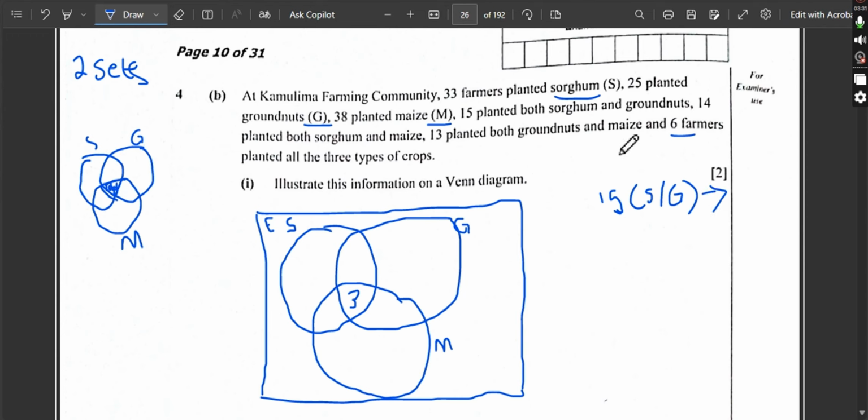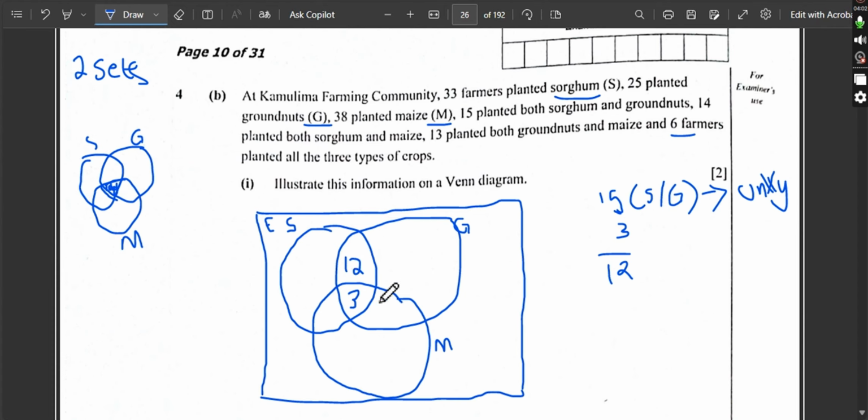If the question read as 15 planted both sorghum and groundnuts only, with the word only at the end, then we would have put 15 there as it is. But it doesn't have the word only there, so we're going to subtract the intersection for all 3 sets. You subtract, you get 12. So this makes sense.